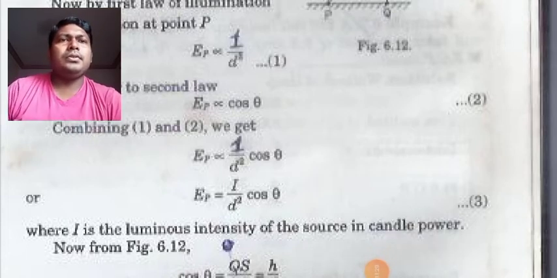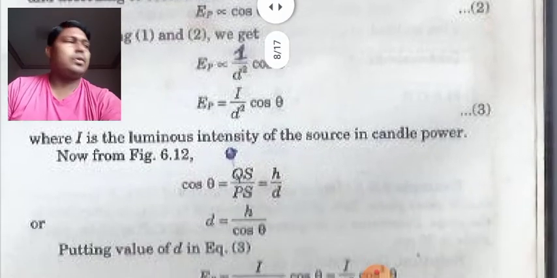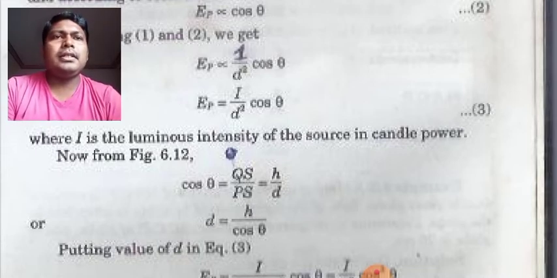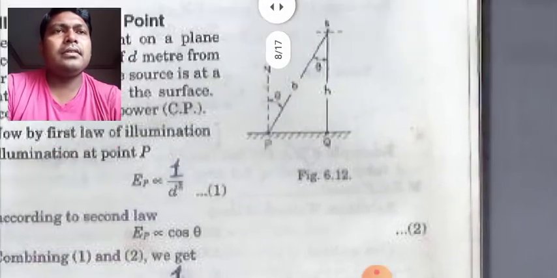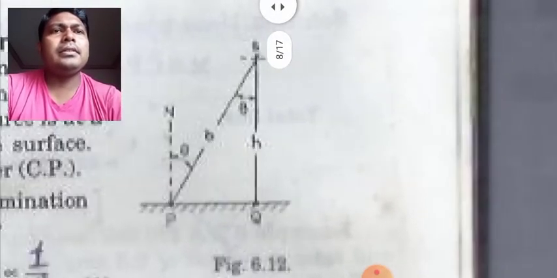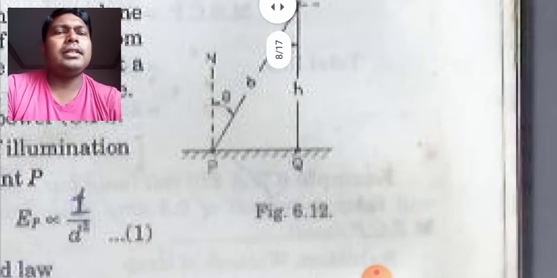EP is equal to I divided by d square cos theta, where I is the luminous intensity of the source in candle power. From figure 6.12, cos theta is equal to QS divided by PS, which is equal to h by d. We find this from the figure, QS divided by PS is cos theta.